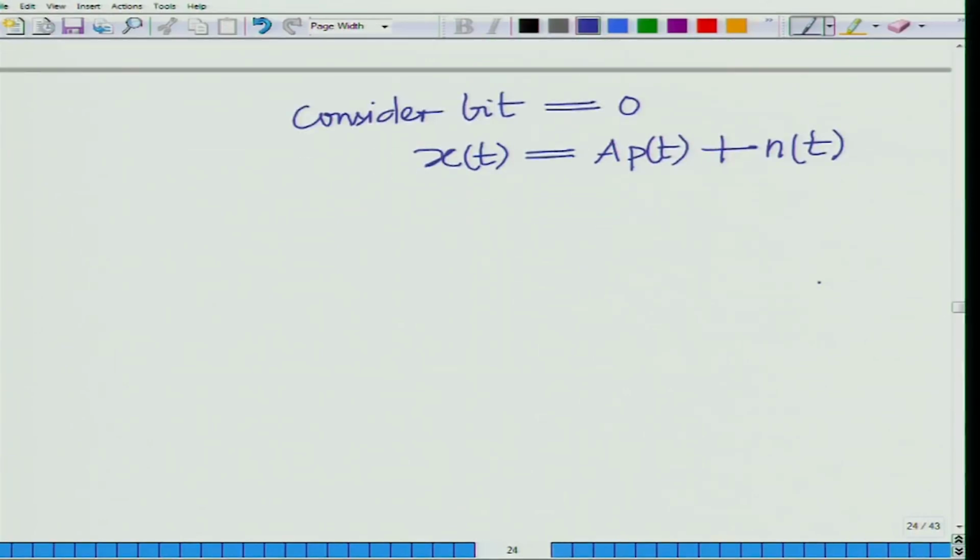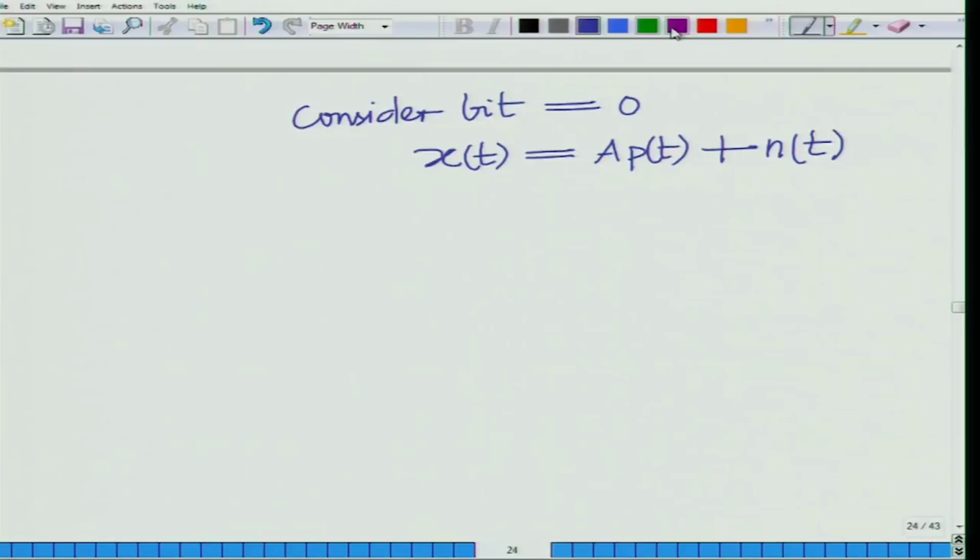When you matched filter this, it is similar to the transmission of bit 0 in binary phase shift keying. When you are transmitting A times p(t) corresponding to bit 0, it is the same thing as in binary phase shift keying.